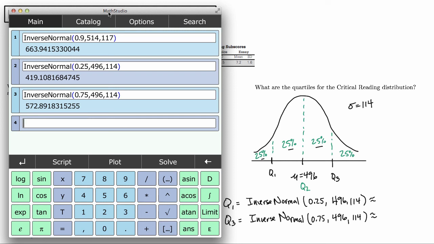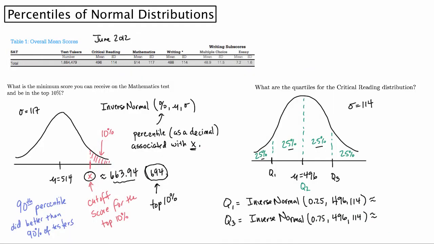Actually, let me go ahead and go out to the tens place. So 419.1 and 572.9. So the values that we have are 419.1 and 572.9. So in between these two scores is the middle 50% of the data. In other words, the middle 50% of people that took this exam scored between 419 and 573, let's say.